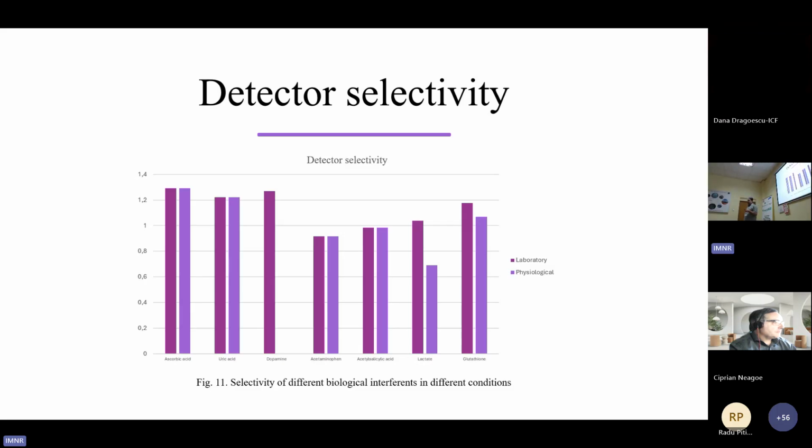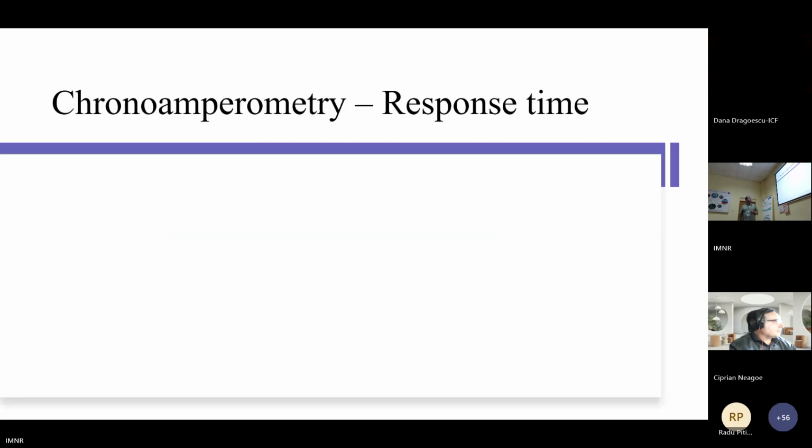Compared to classical enzymatic detectors, this type of system, as you can see, has, I'd like to say, a constant variation of selectivity, which allows us to change things more easily and make it so that glucose can be easily detected.